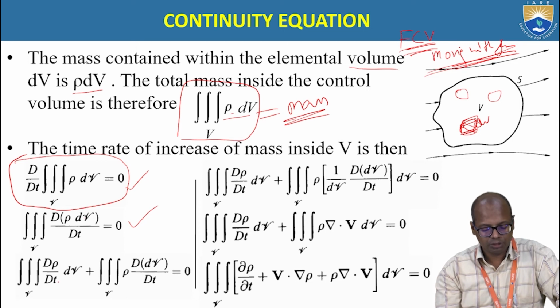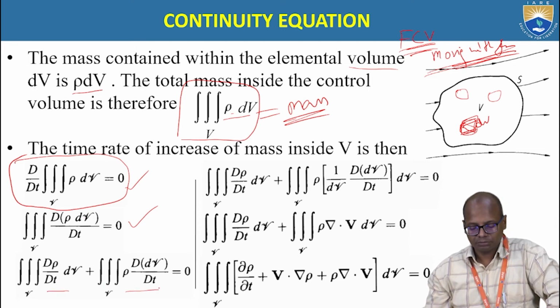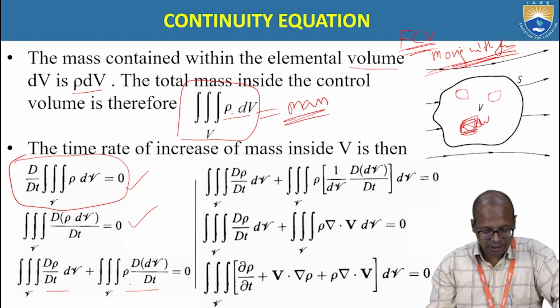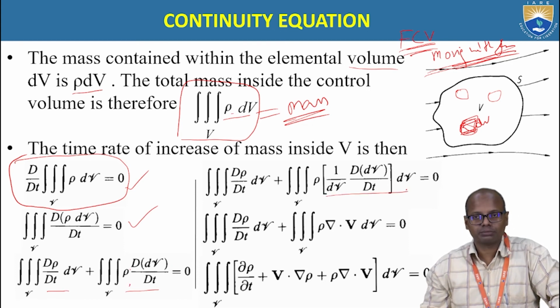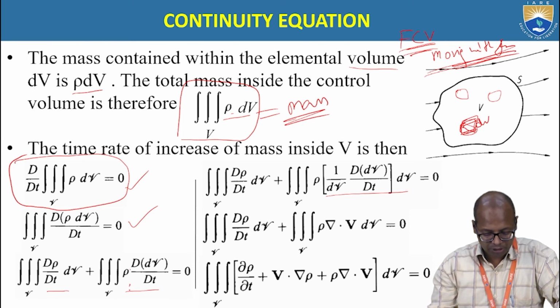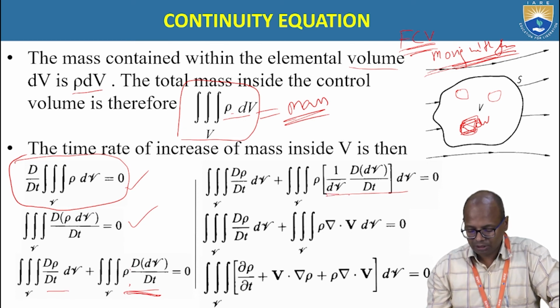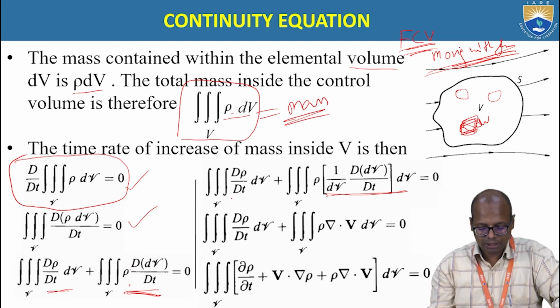I will get this term and this term. If I divide this with dV and multiply with dV, I will get this equation. This one I am keeping as it is.